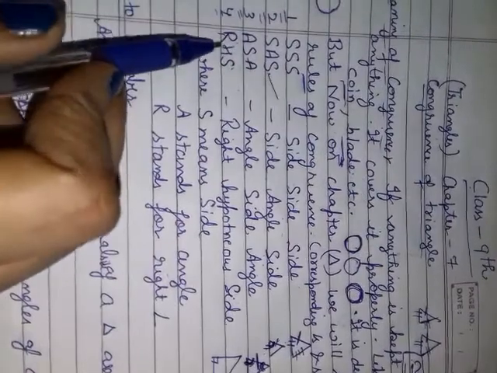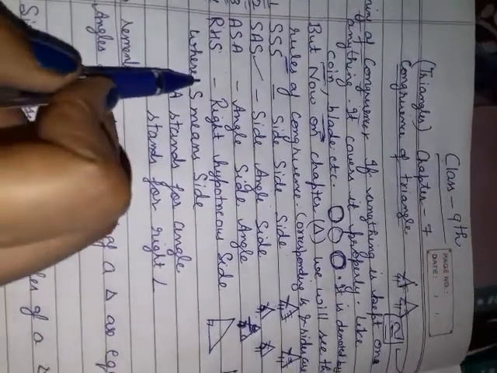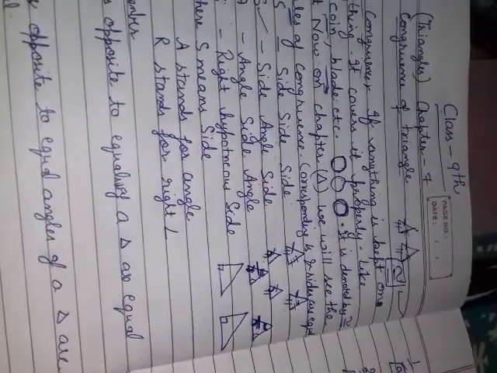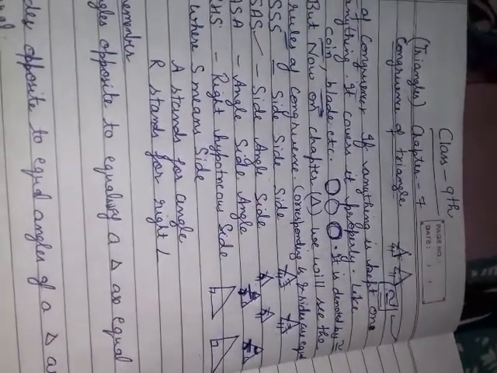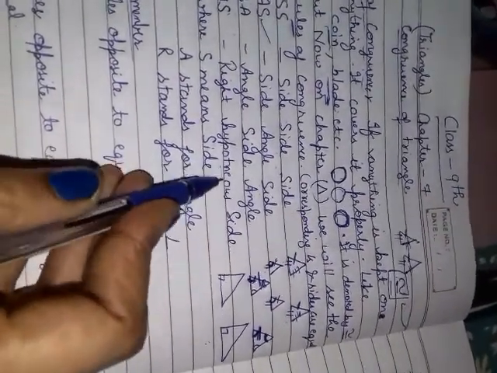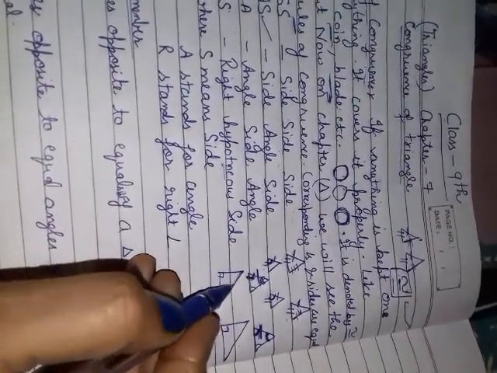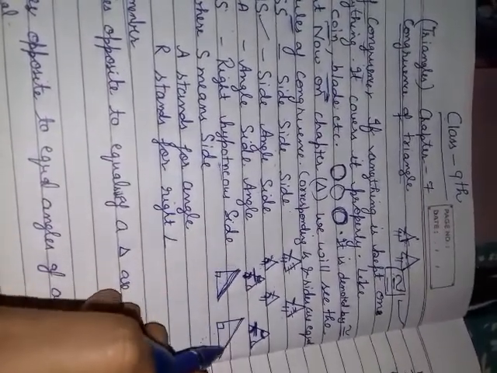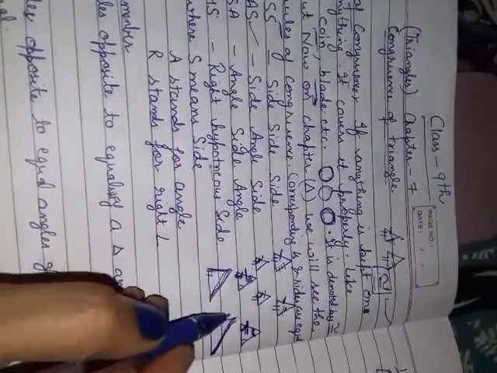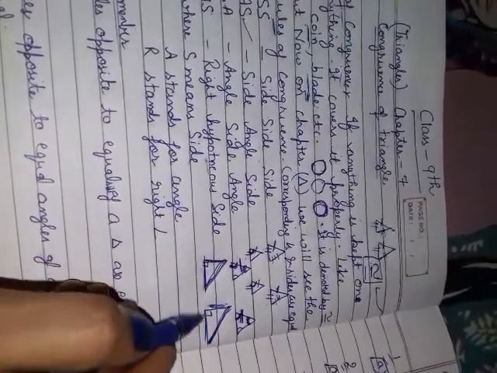Next one is RHS. RHS means right angle, hypotenuse, side. If two triangles are here, you have to see a 90-degree angle in these two, and the hypotenuse of one will be equal to the hypotenuse of the other, and any other side, perpendicular side or base side, it can also be there.